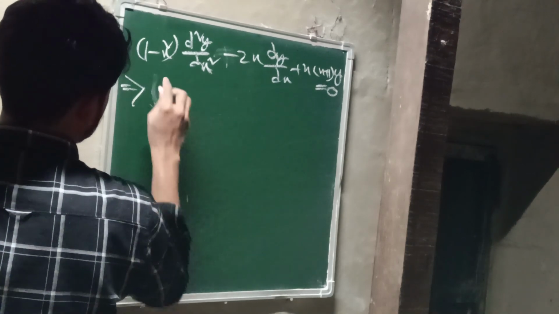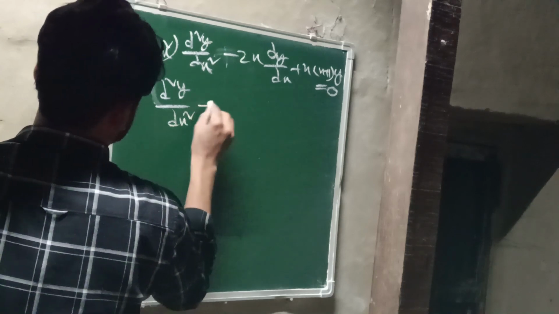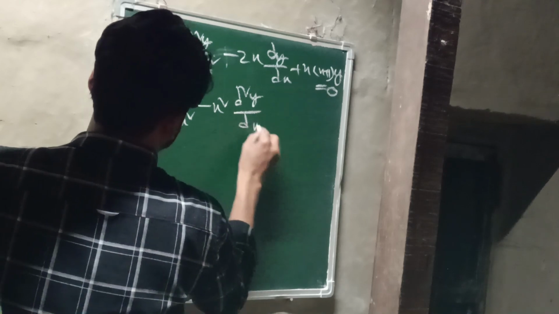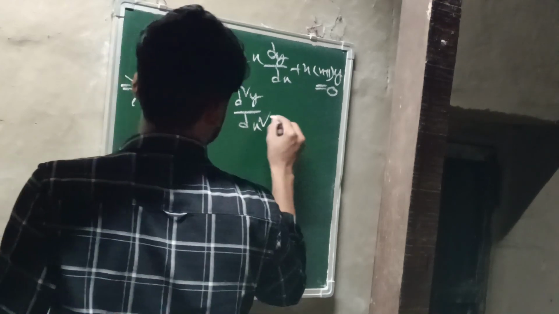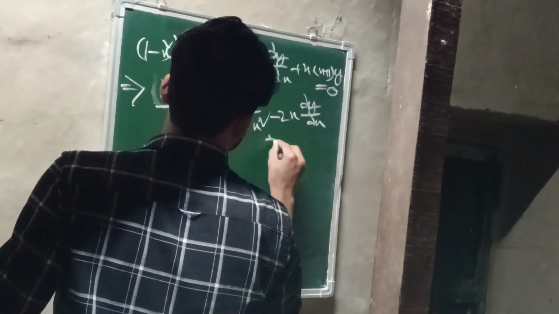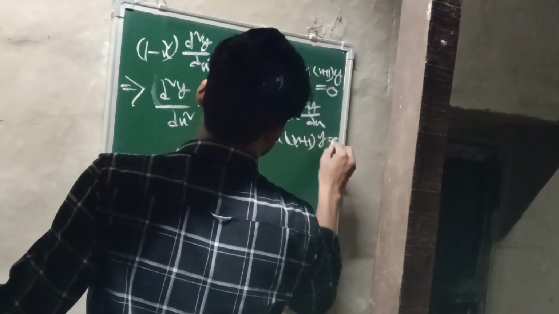Simplified, d2y by dx square minus x square d2y by dx square minus 2x dy by dx plus n into (n plus 1) y equal 0.